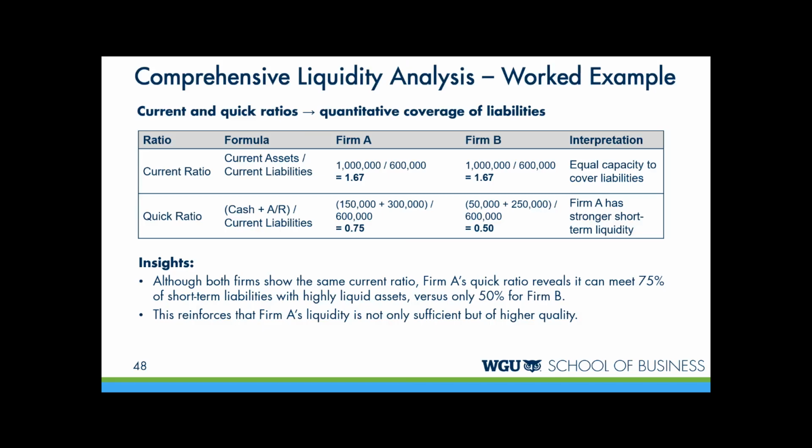So even though both firms show the same current ratio, firm A's quick ratio shows it can meet 75% of its short-term obligations with highly liquid assets, meaning it has 75 cents in completely liquid assets for every dollar of current liabilities it holds. Firm B only has 50 cents. So firm A has a much more solid liquidity position, and it's higher quality.